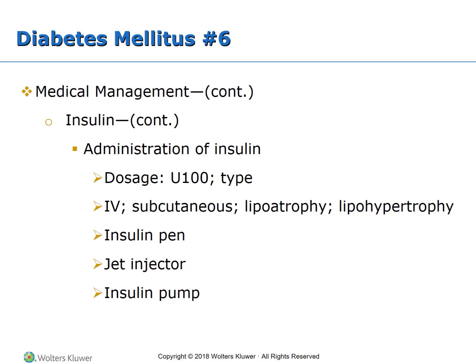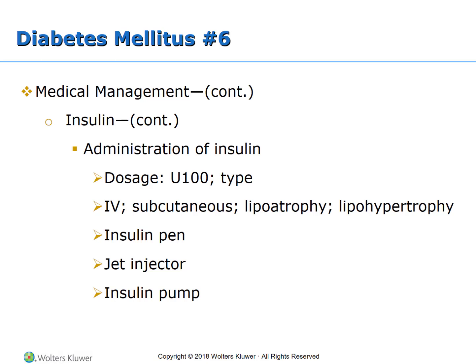Now, the rapid acting versus short acting: the short acting is what we call the regular insulin. Regular insulin is clear, and some of the names are Humulin R, Novolin R, right? You guys have heard about these two. That's short acting.